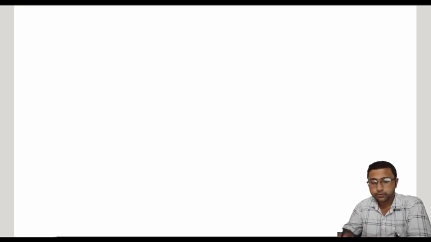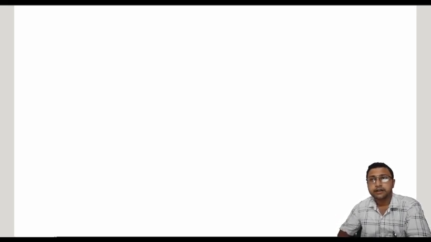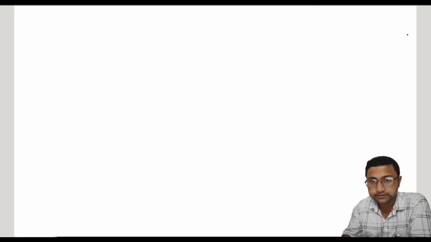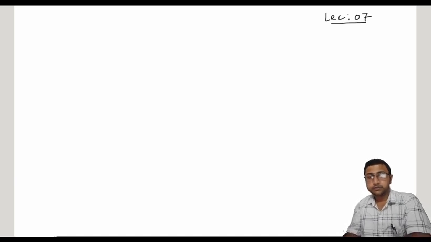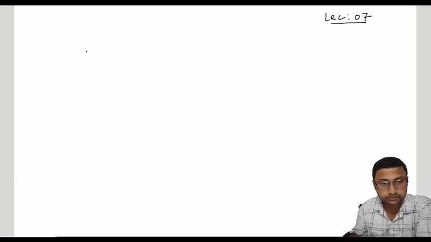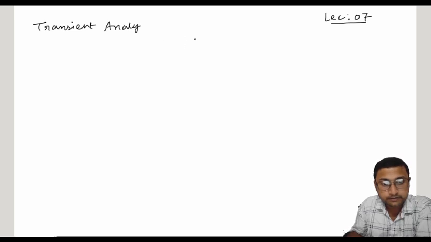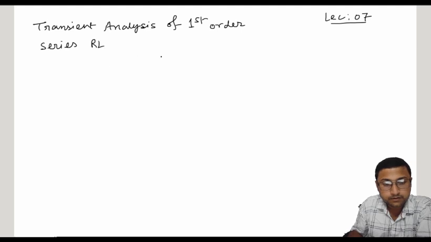So now, we are going to discuss the transient analysis of the series RL circuit, first order, in this lecture. This is lecture number 7, and the lecture is all about the transient analysis of first order series RL circuit.